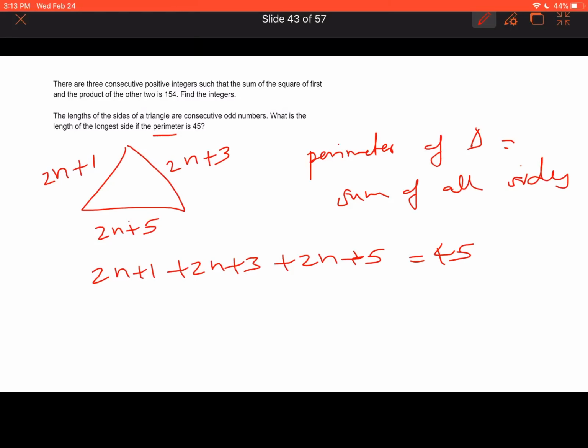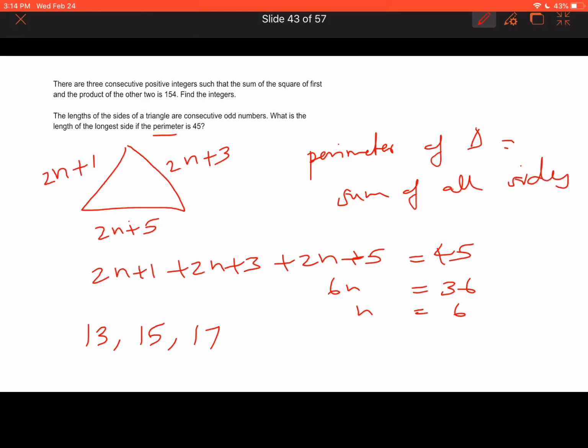By simplifying it, we get the value of n as 6. So one side of the triangle is going to be 2n plus 1, that is 2 times 6 is 12, plus 1 is 13. The other one is 15, the other one is 17.